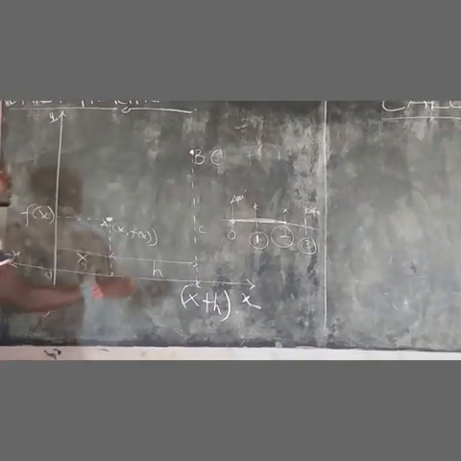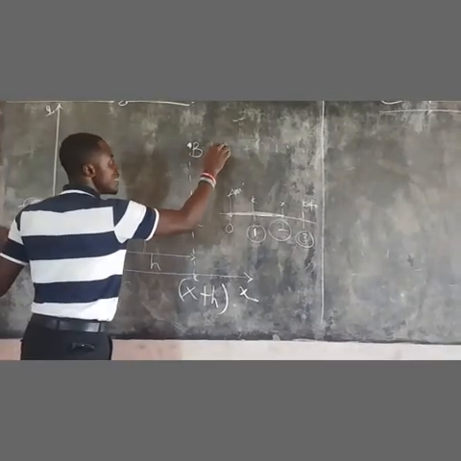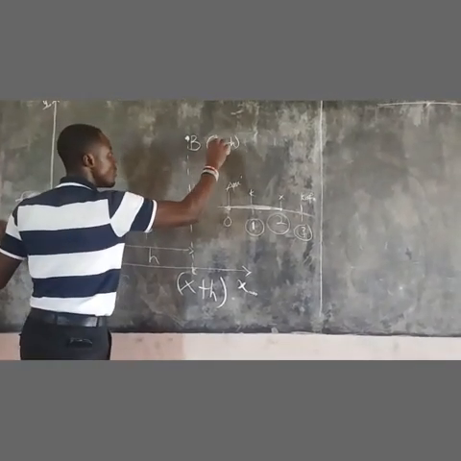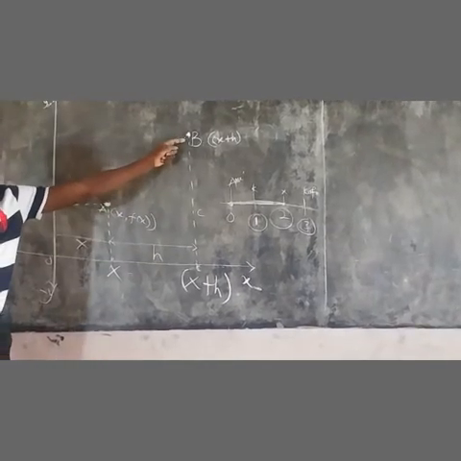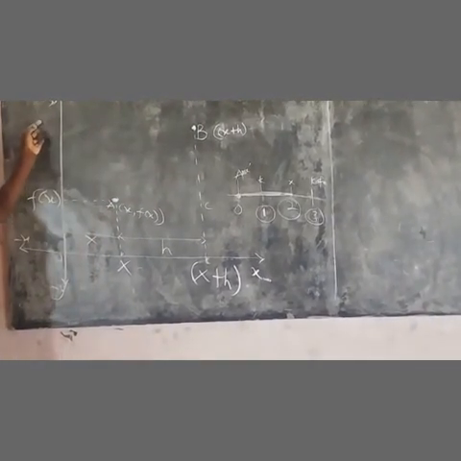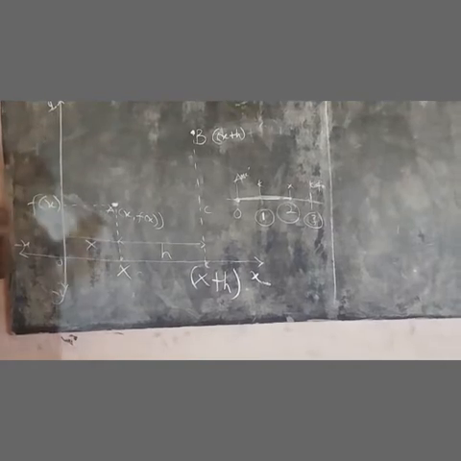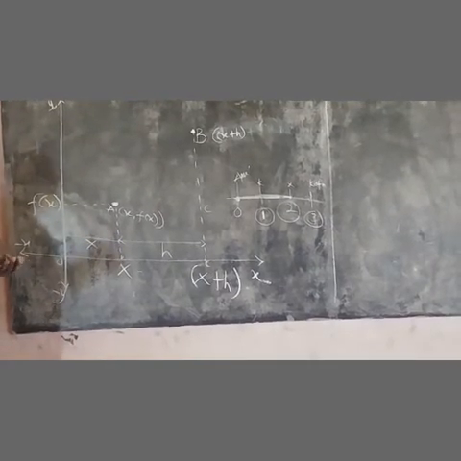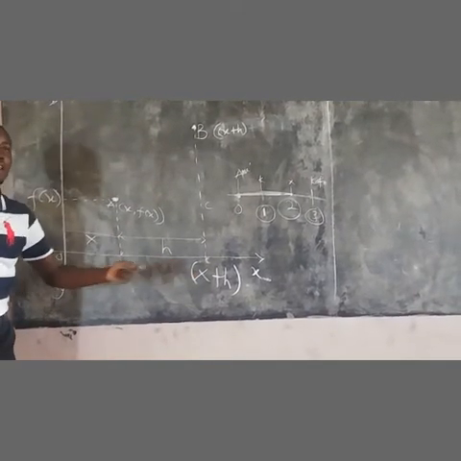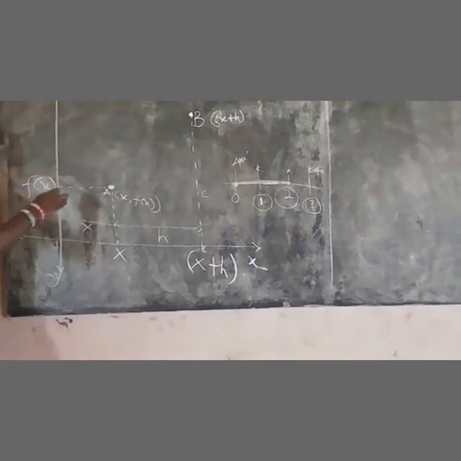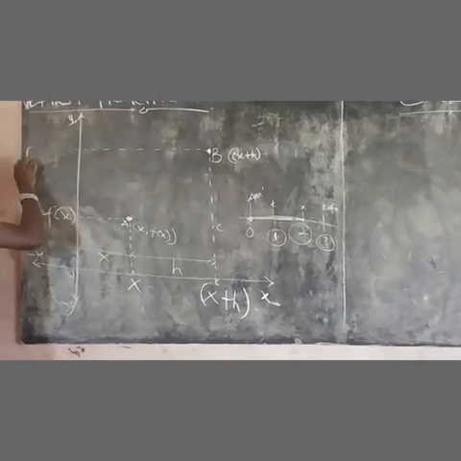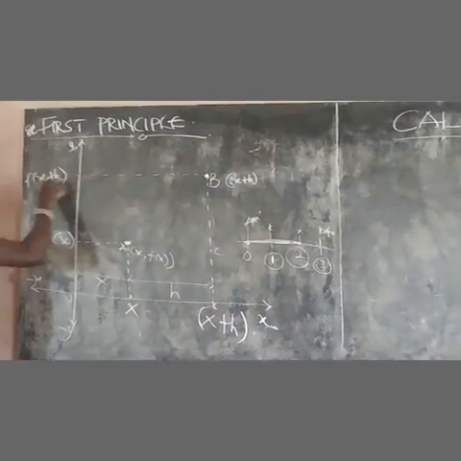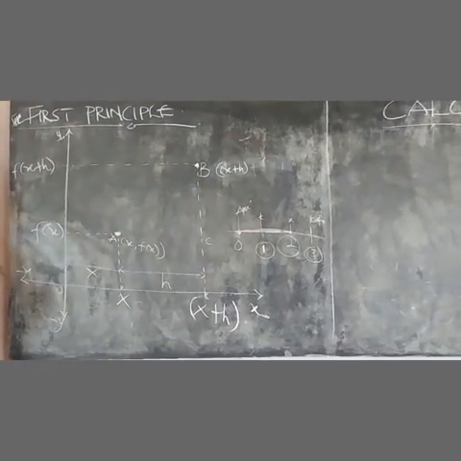Take note, the x coordinate of point B is x plus h. Now, what about the y coordinate of point B? It's just finding f of the x coordinate of point B. So this will be f of x plus h as one side.